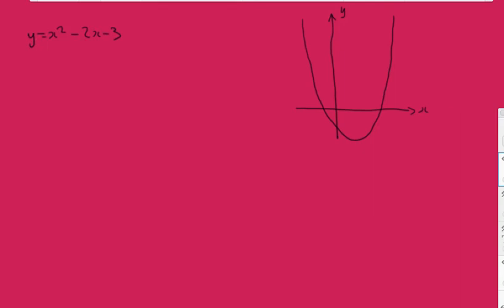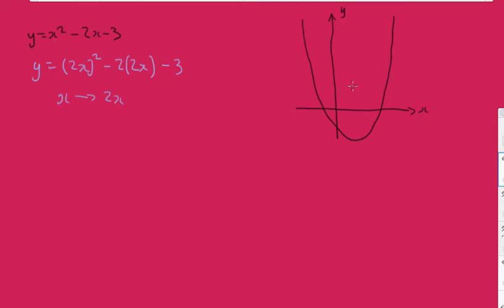And we will do another one. So this time, we're going to do y equals 2x squared minus 2x minus 3. So what we've done is we've taken the x and changed it, and made it 2x in the function.